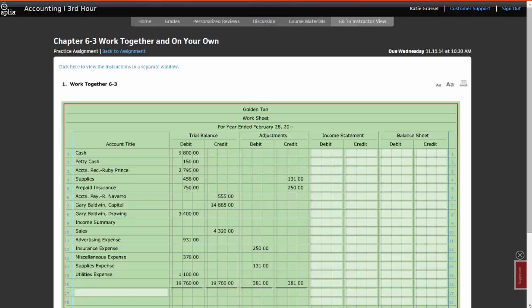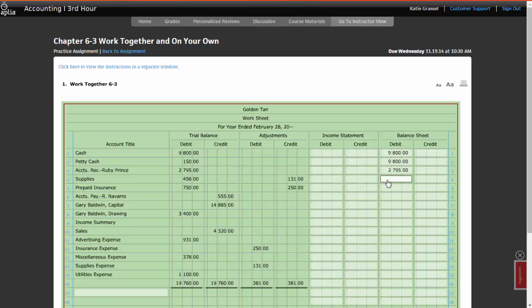I'm not right now making debits and credits equal. I'm just transferring it from the trial balance to either the income statement or the balance sheet columns. Now, petty cash, the classification, asset, so it goes in the balance sheet. Accounts receivable, Ruby Price, same thing.